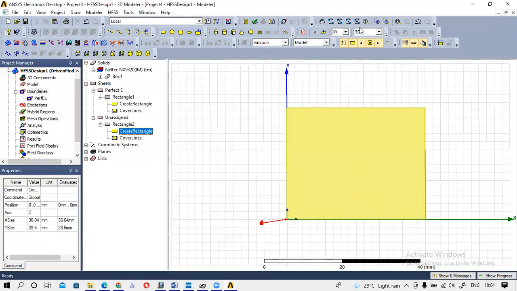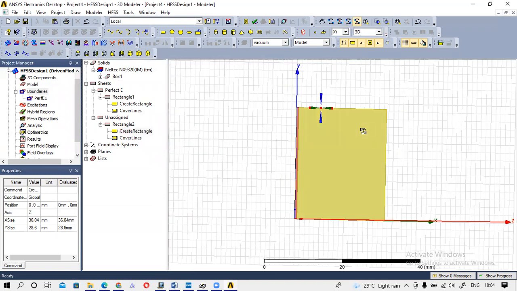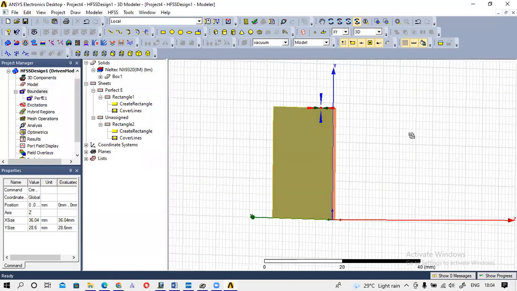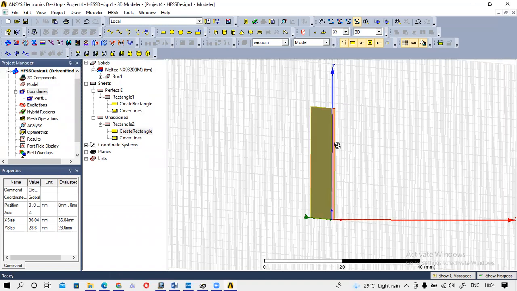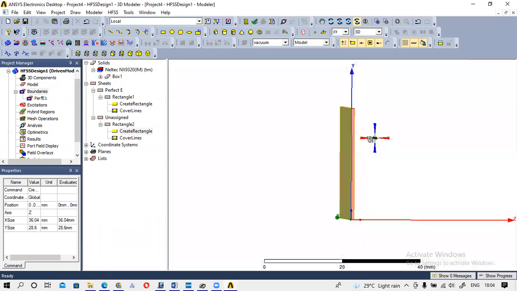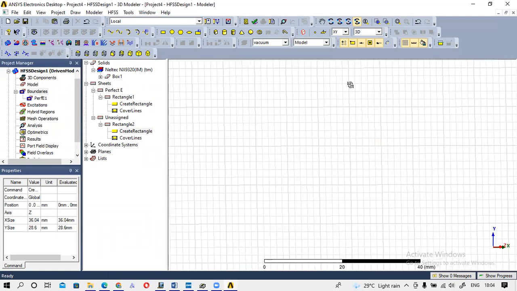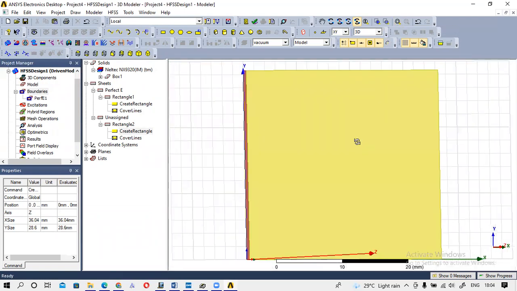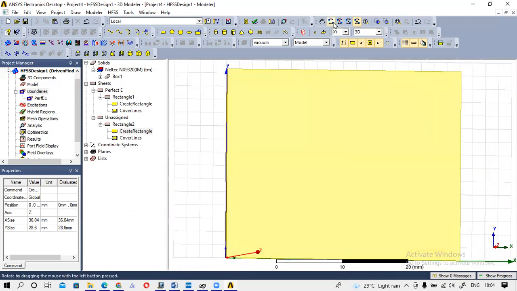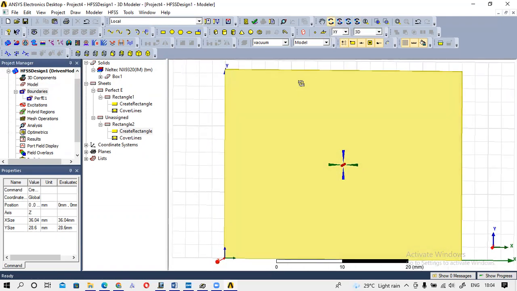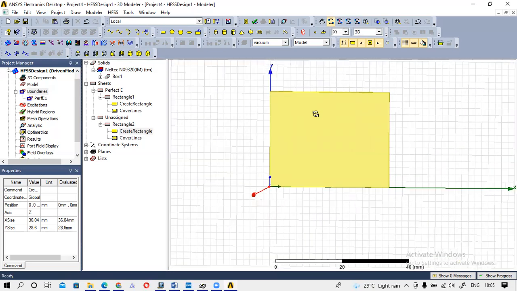Now if you look at this, we have one copper plate for the ground plane, then the dielectric material, then the other copper plate, correct?